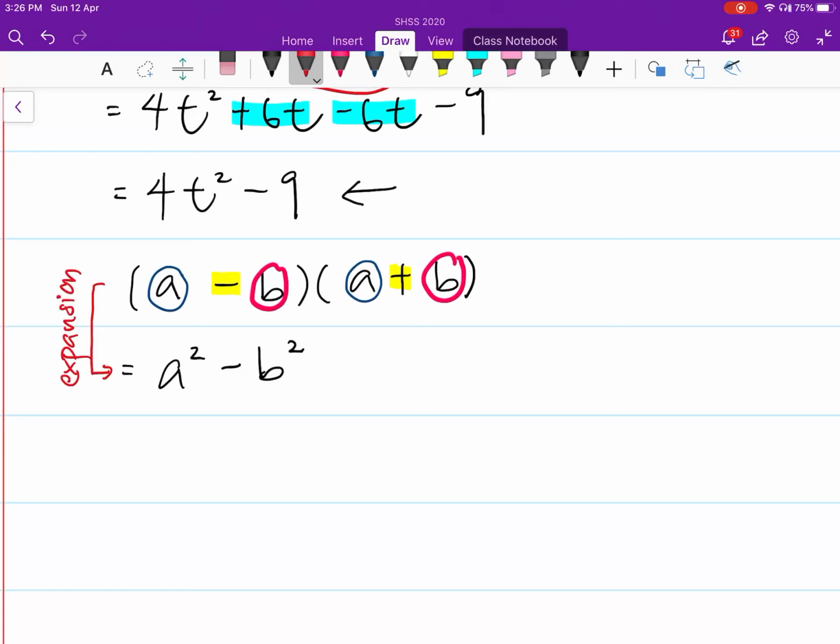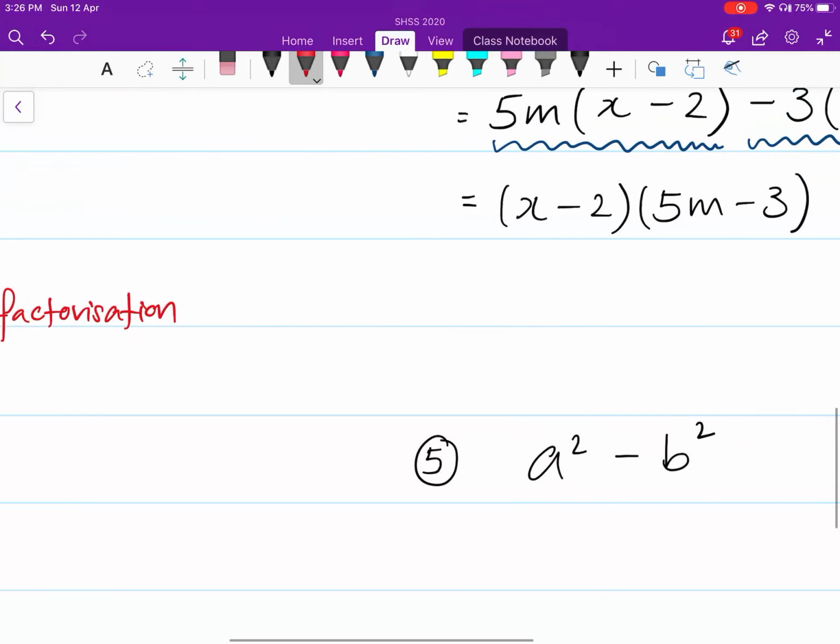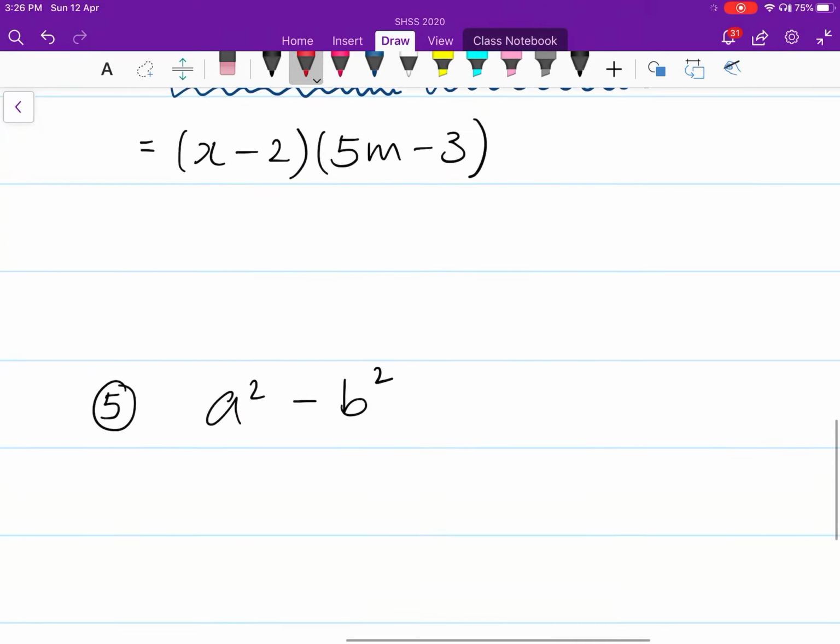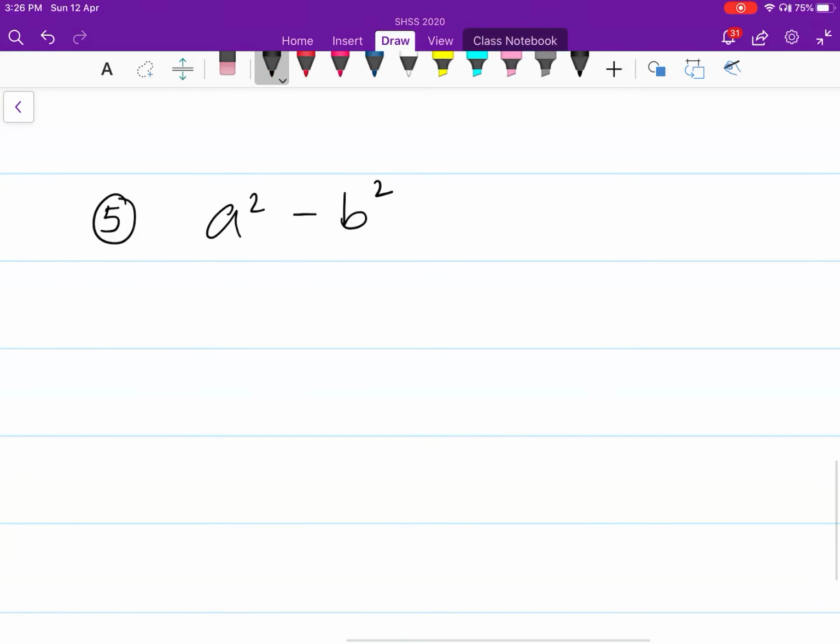Now, if you go backwards, it is called factorization. So a square minus b square, if we factorize, we will get a minus b, a plus b. If you're unsure, refer to your previous notes again. So a square minus b square, the factorization will give us a plus b, a minus b.